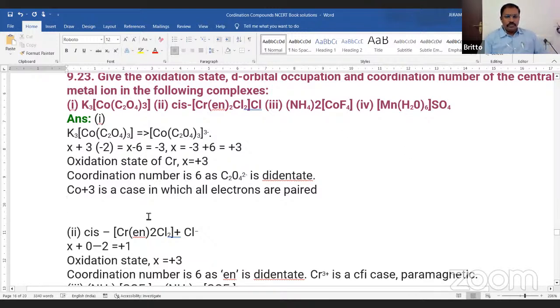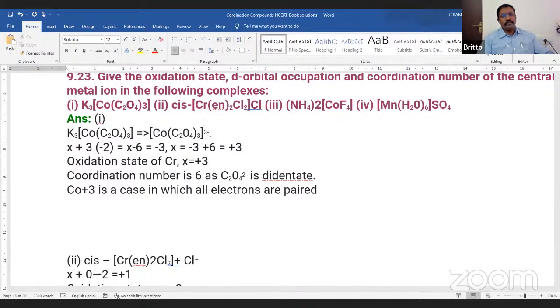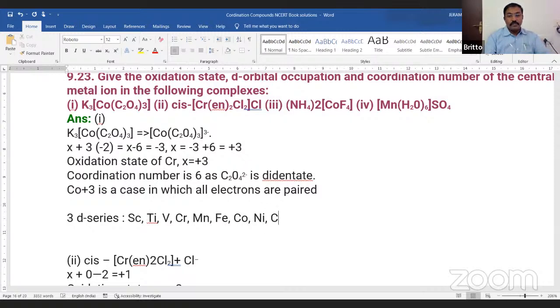The first transition element series, the 3d series, has these elements: scandium, titanium, vanadium, chromium, manganese, iron, cobalt, nickel, copper, and zinc. These are the 10 elements.